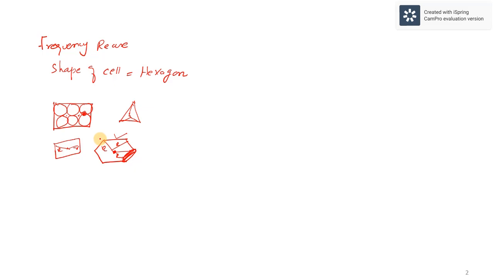As the radiation from the antenna is circular, there is a fading on the edges of the triangle and the square, and hence the hexagon shape, which has lesser fade on the edges compared to that of the triangle and square, we are going for hexagonal shape of the cell.